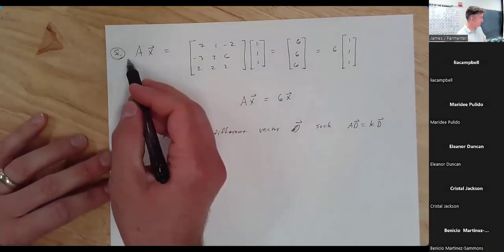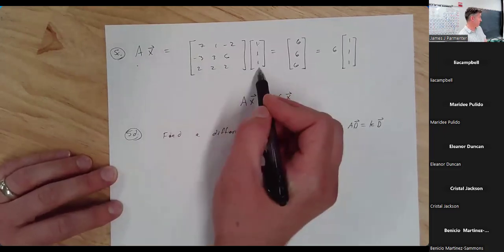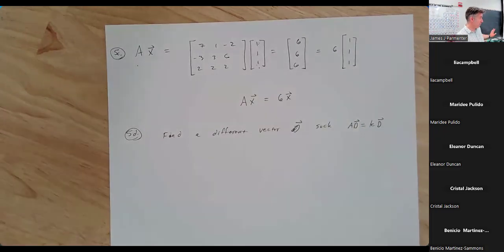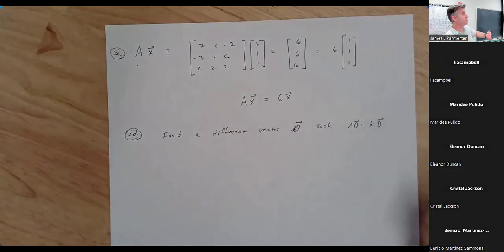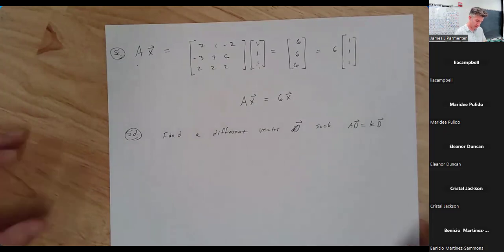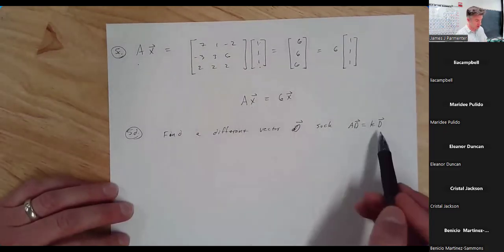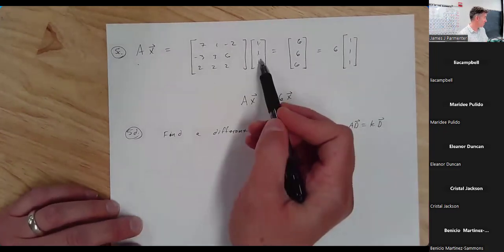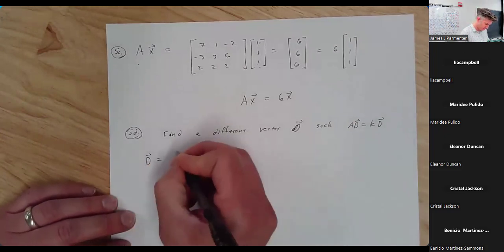So this was part C, and part C said take your matrix A and multiply it by that vector 1, 1, 1. That's what part C said to do. Oh, okay, I see. And so the thing is, part C is giving me the intuition for part D, which is that, okay, I need to multiply A times a different vector and still get a multiple of that vector. Well, I'm just going to pick a multiple of this vector. So I'm going to pick something easy, like let's pick D equal to 3, 3, 3.